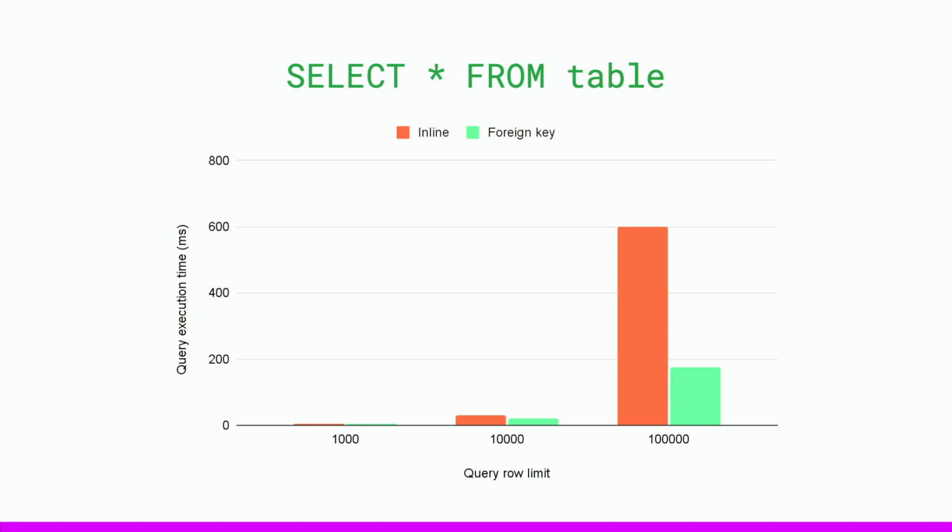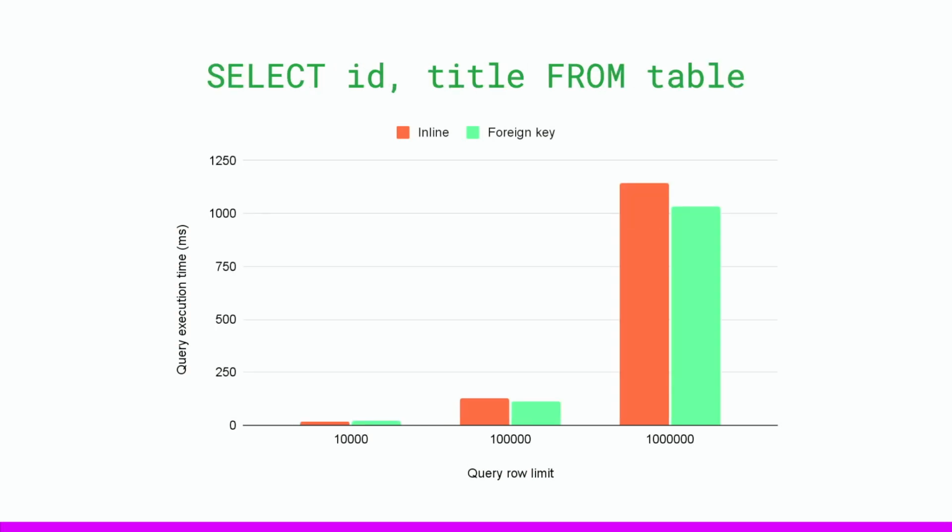So I want to be fair, and we will see how this compares in case we didn't bring everything. I mean, we didn't do select star, but we did select ID and title. So even though I might have inline content, I will only bring what I need. And here things are much, much better, but there's still a difference. And here, to be even more fair, I had to scale this up to 1 million to see this difference being quite visible. And here, you cannot see it, but the green one, which is the right one, which is the table that has the external ID as a foreign key, is just a bit more.